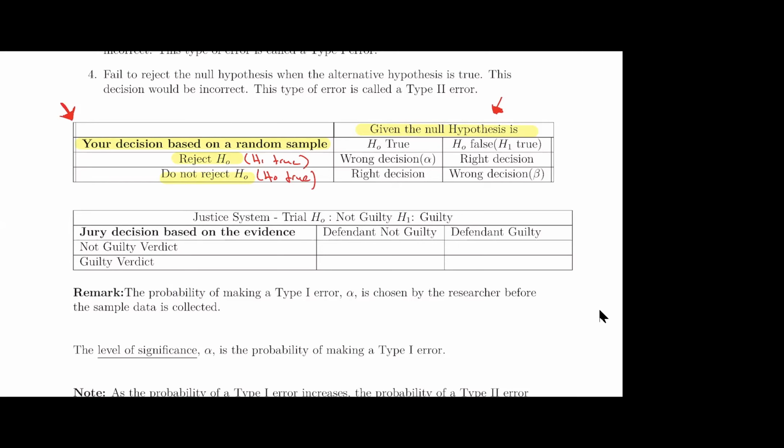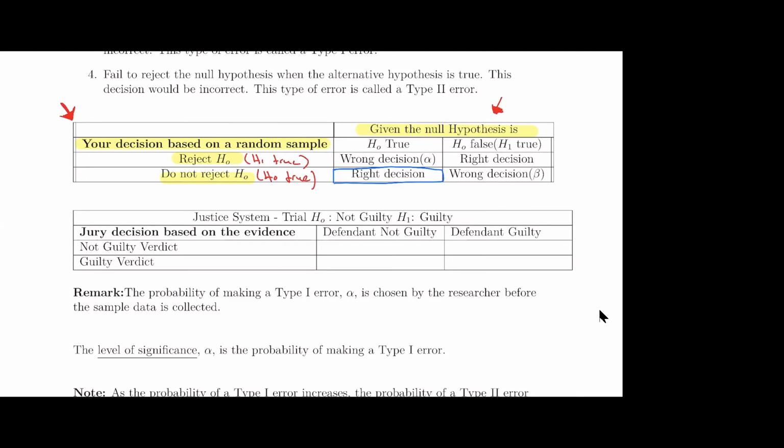All right, so let's do a simple one right now. We're gonna do this box right here. If you look at where it lands on the row and where it lands on the column, it's saying that based off of our sample, we do not reject the null hypothesis.